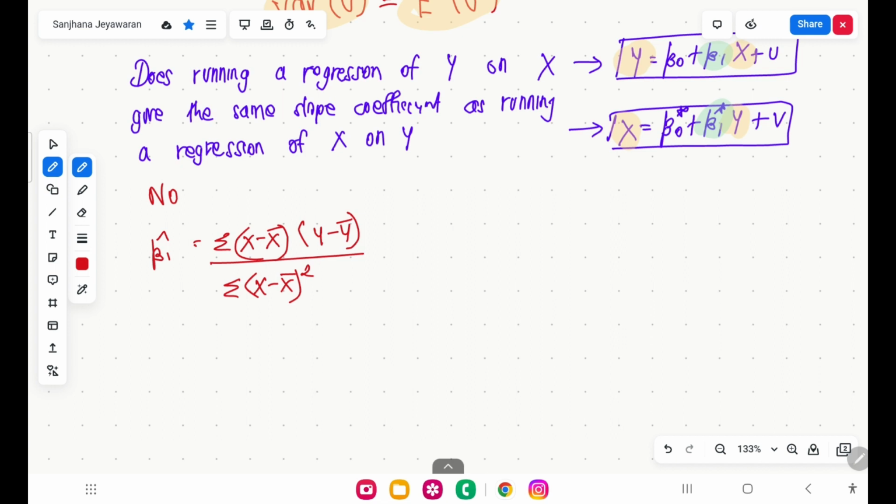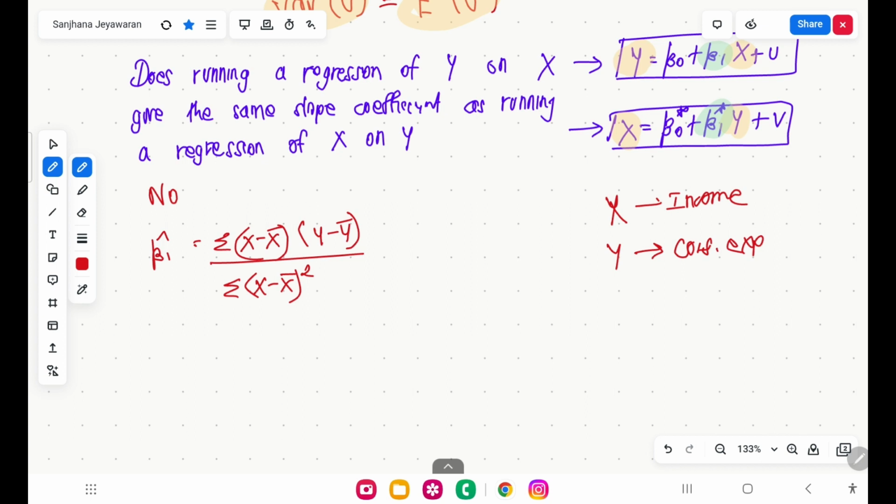Now if you see in our denominator over here, we are only considering x. For example, it might be much easier with an example. Let's say our x variable is income and our y variable is consumption expenditure.